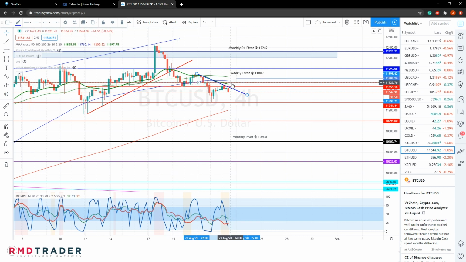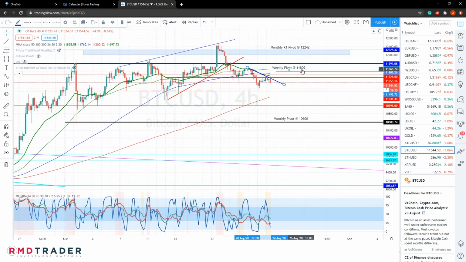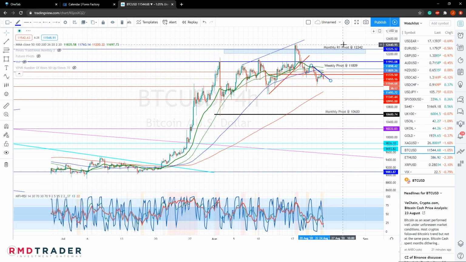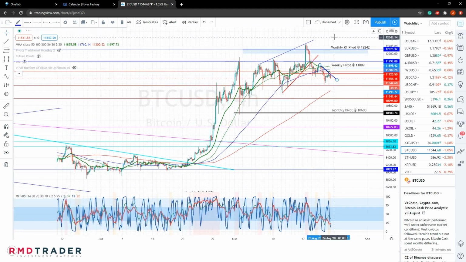Secondly, we'll need to get back above our 100 SMA, and then also, very importantly, we'll need to get above the weekly pivot at 11,800 if we want to see price action taking us higher, perhaps back towards this 12,200 to 12,242 level. And of course, in a very bullish scenario where we do break above all of these, the next area of resistance will be at 12,900, and that is our yearly R1 pivot. But it's a bit difficult to see on this time frame.